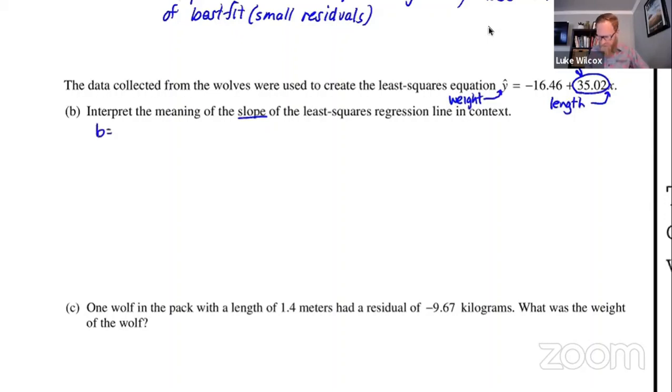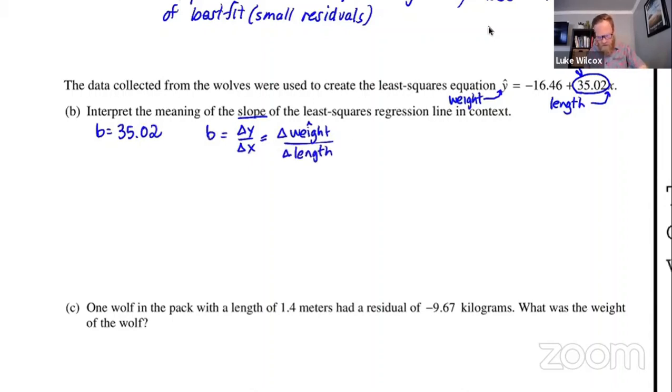That is in fact our slope, 35.02. And just a reminder of something that we talked about earlier this week, that in general, the slope can be thought of as being the change in y over the change in x, but for this particular context, change in y would be the change in the predicted weight, and change in x would be the change in length.